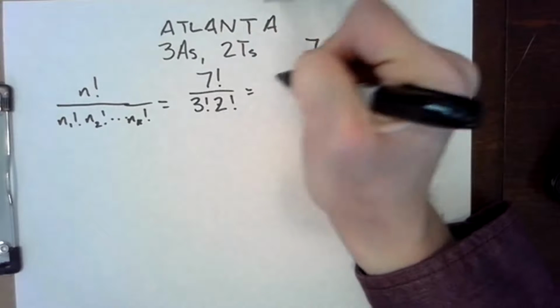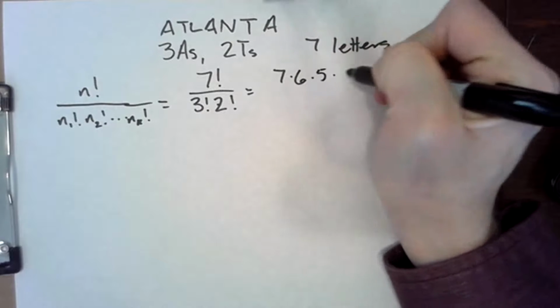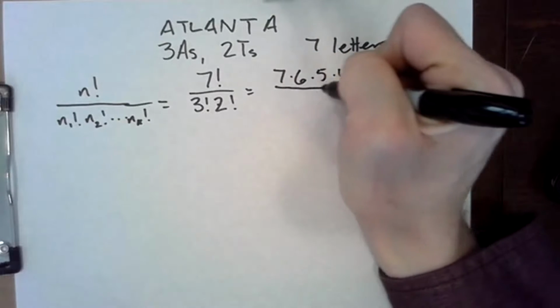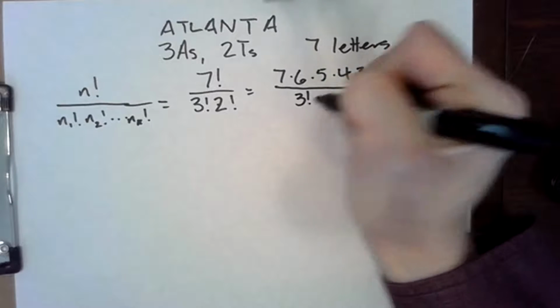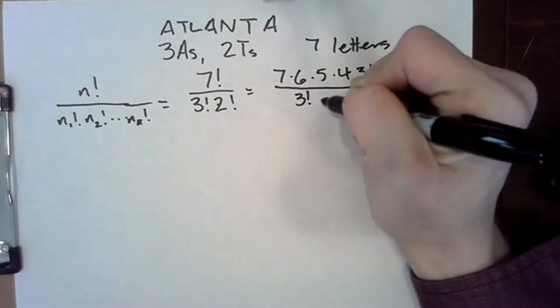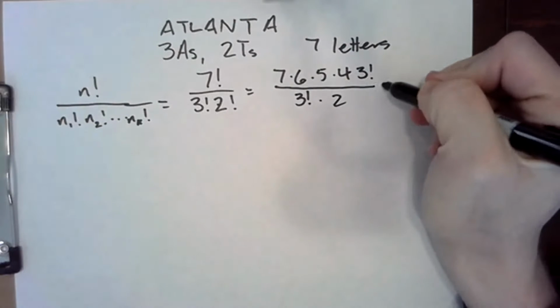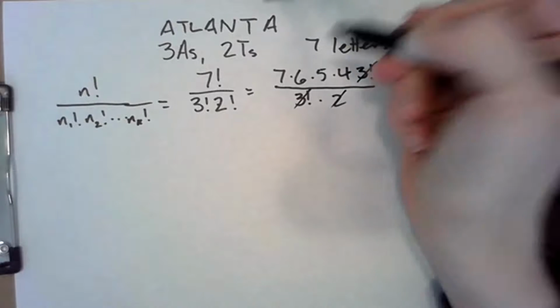which is 7 times 6 times 5 times 4 times 3 factorial over 3 factorial times 2 factorial, which allows us to cancel that 3 factorial, and then I can cancel something else here.